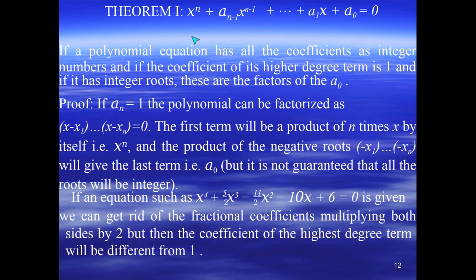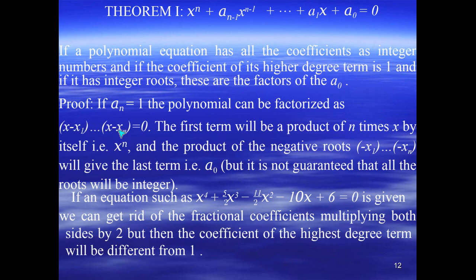The first term will be a product of n factors of x, so we multiply x by itself n times, which is x to the power n. Then we obtain all the intermediate terms by multiplying, and the constant term would be a product of all these roots x1, x2, up to xn.